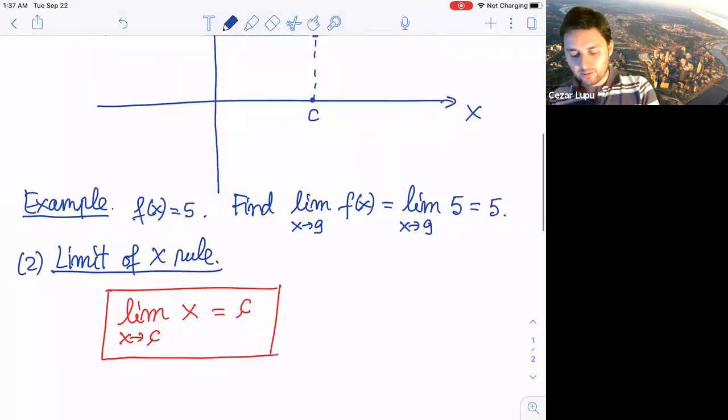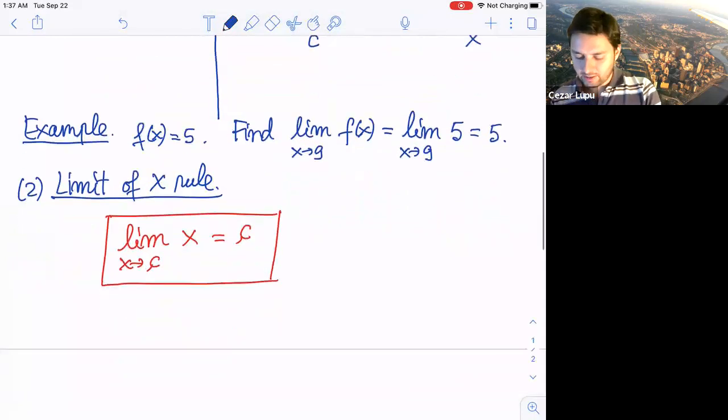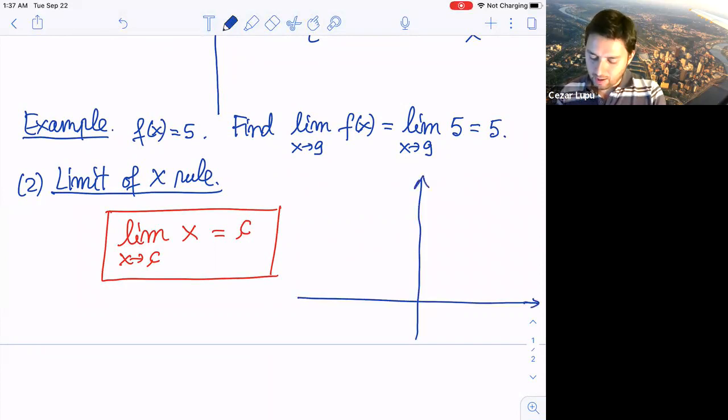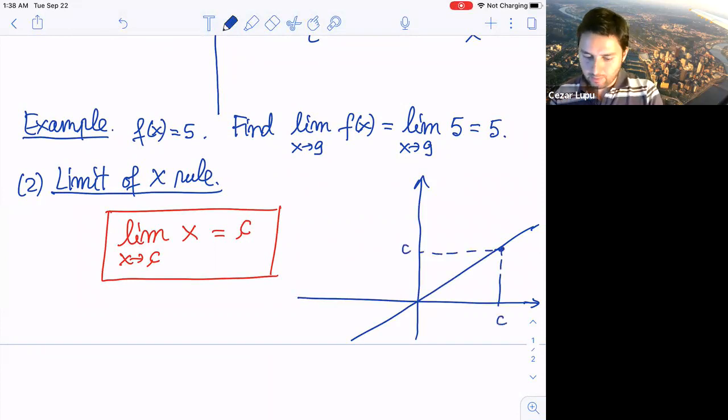And we can represent this graphically. This function x is nothing else than just a line. Let me do it here. I think we have plenty of room. Anyway, this is just a line which will cross through the origin, right? And I'll have here the point, let's say, c and c, right? This is my function f of x equals x, right?